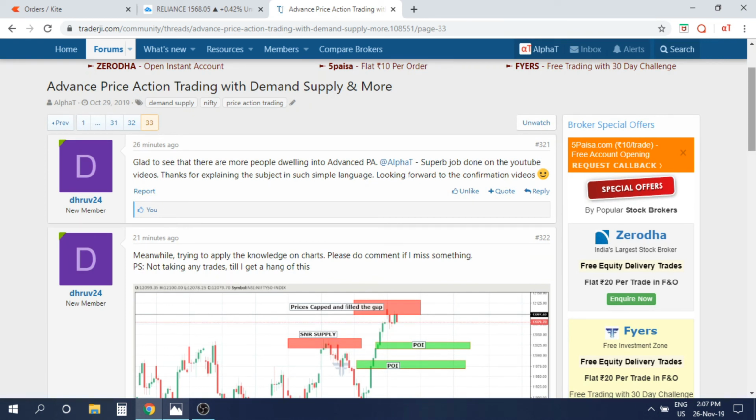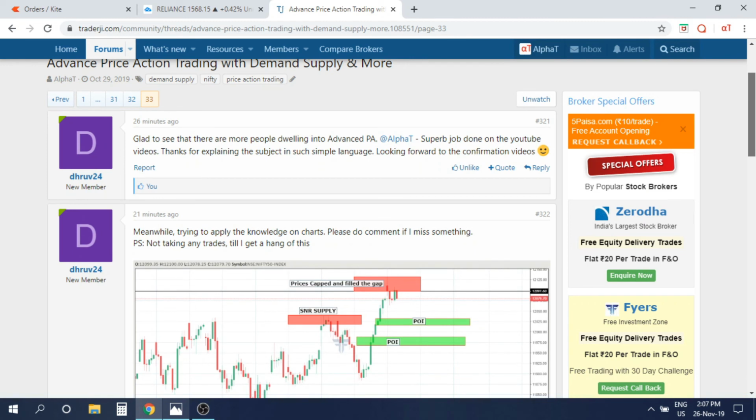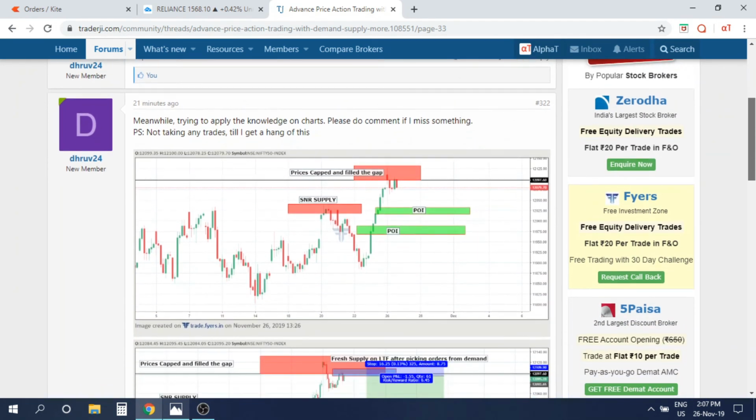He just posted some nice charts. Meanwhile, trying to apply the knowledge in charts. Please do comment if I missed something. Sure, I would. Not taking any trades till I get a hang of this. Perfect. This is perfect because if you're new to something, especially in trading, you must first learn it, practice it, apply it in the charts.